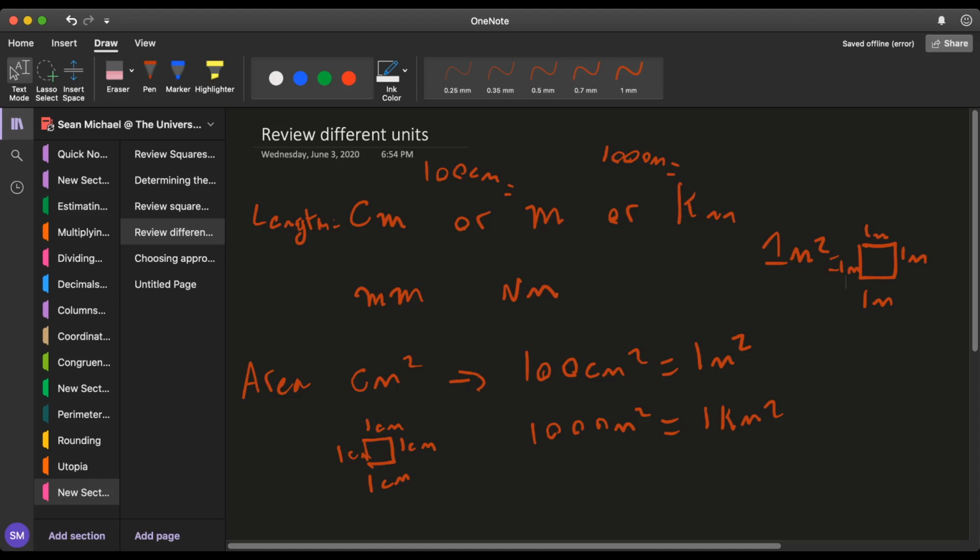And then even bigger than that, imagine 1 kilometer squared is going to be way bigger. That's a humongous box, a ginormous box, and I can't show it here, with each side being 1 kilometer. In Europe a lot, and sometimes in Canada, they often measure things in square kilometers for land, and it makes sense.